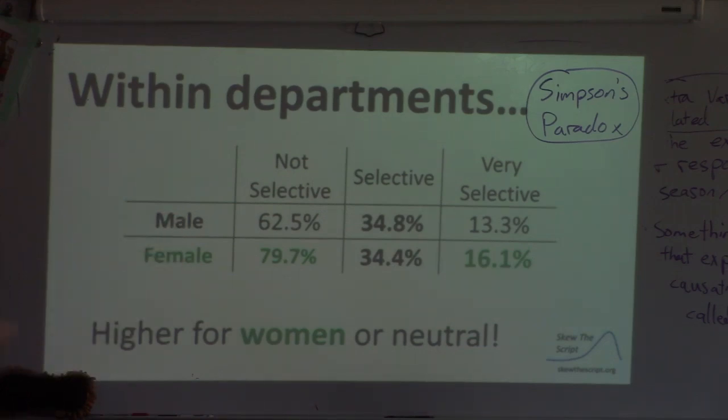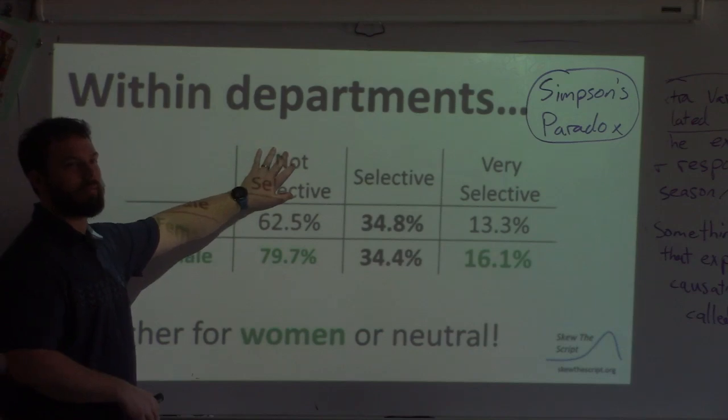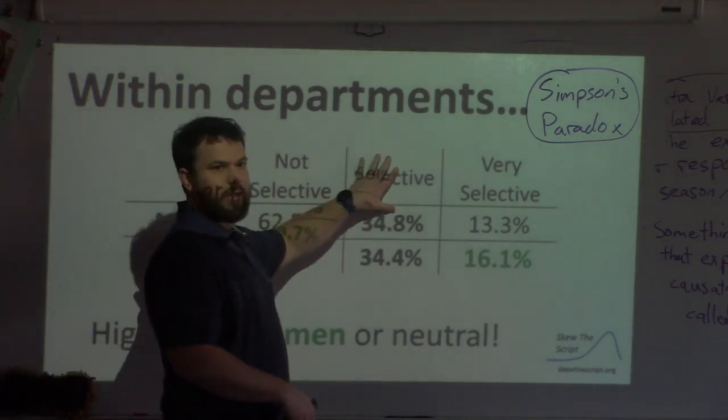So overall, within each department, women were actually coming out ahead because of Simpson's paradox, which is why you've got to dive into the data. And you also need to understand conditional probabilities. Because notice, we're not looking at overall data, we are looking at the admissions rates given they were in a not selective department. Given that they were in a selective department, right?